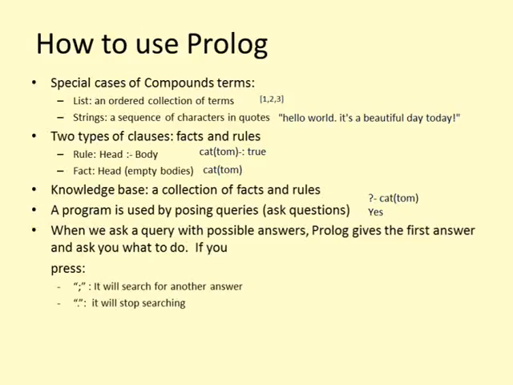A Prolog program is used by posing queries. You pose queries by asking questions about the information stored in the database. When a query has more than one possible answer, Prolog will return the first answer and ask you what to do. If you press semicolon, Prolog will search for another answer. If you press full stop, Prolog will stop searching.